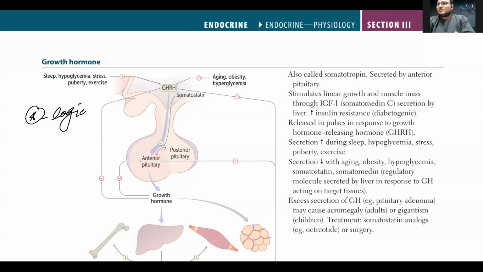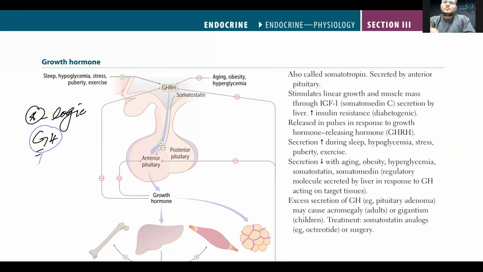Like me, I am a doctor, and I have less height than my younger brother. In many families, one person who is older is shorter, but one who is younger has greater height. Why? The logic is growth hormone.